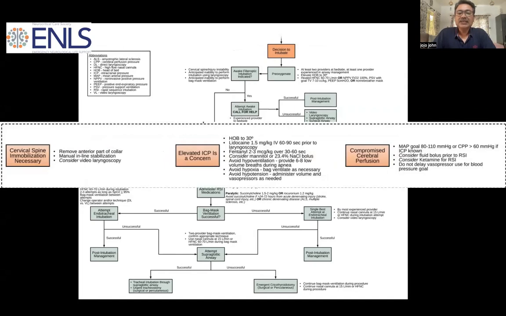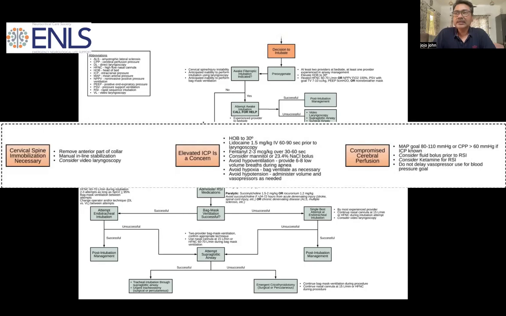Cervical spine stabilization. If ICP elevation is a concern, you keep the head of the bed elevated to 30 degrees and make them flat only when you're starting to do laryngoscopy. And as soon as the tube is in and secured, you raise the bed back to 30 degrees.